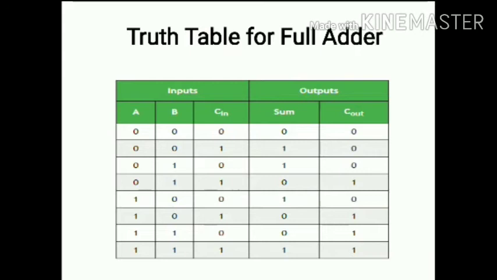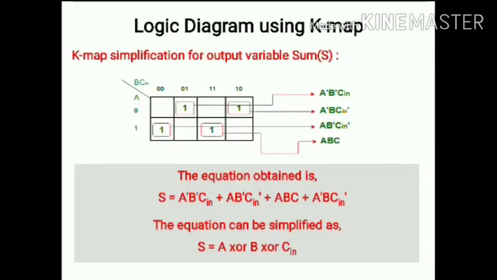The min term for the third row is A bar, B, C in bar. Similarly, in the fifth row, the min term value is A, B bar, C in bar. And the last row, the min term value is A, B, C in. Now, see the equation. ORing all the min terms, you will get the sum.